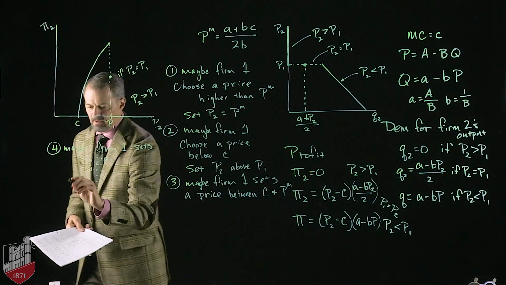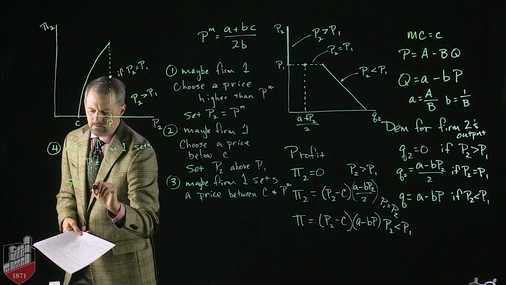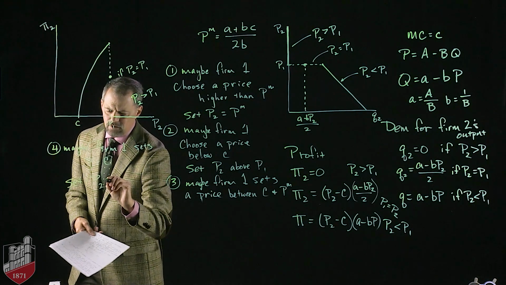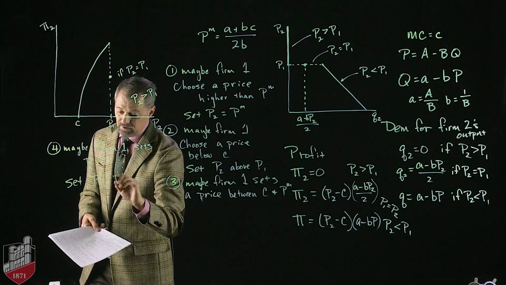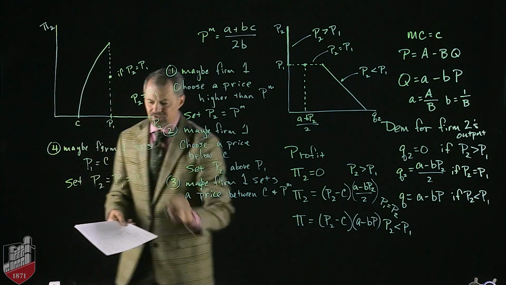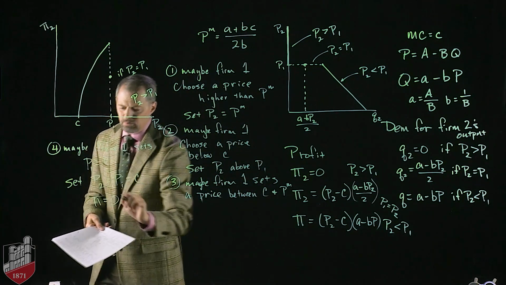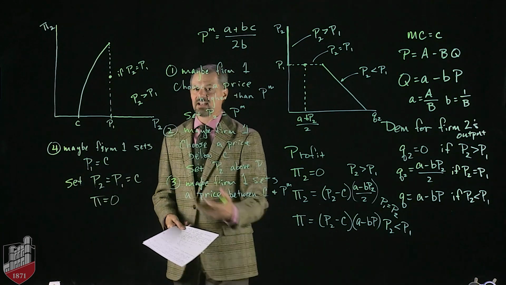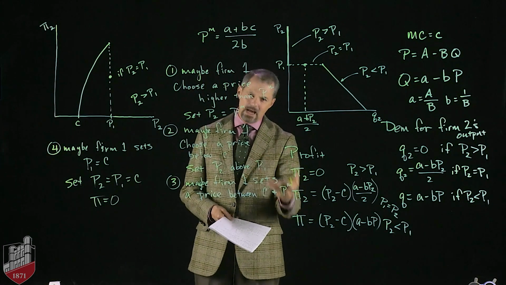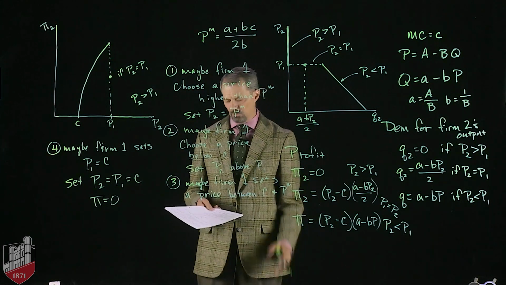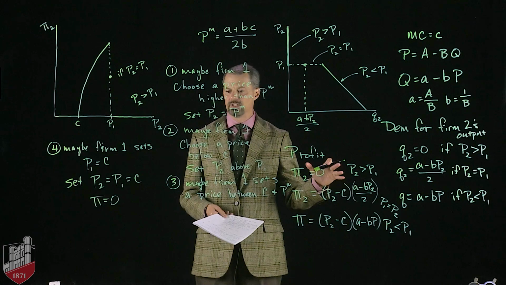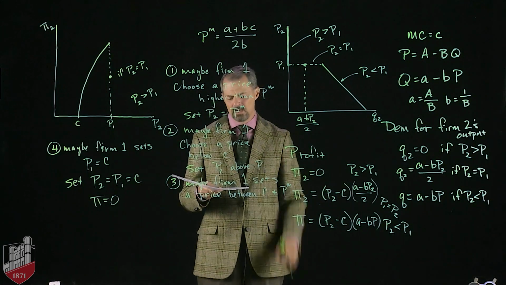If they set P2 equal to P1, which is equal to C, they split the market, profit will be equal to zero, but profit's not negative. And remember, that's economic profit, right? So all of their costs are covered, including the opportunity cost of their time and all of that.